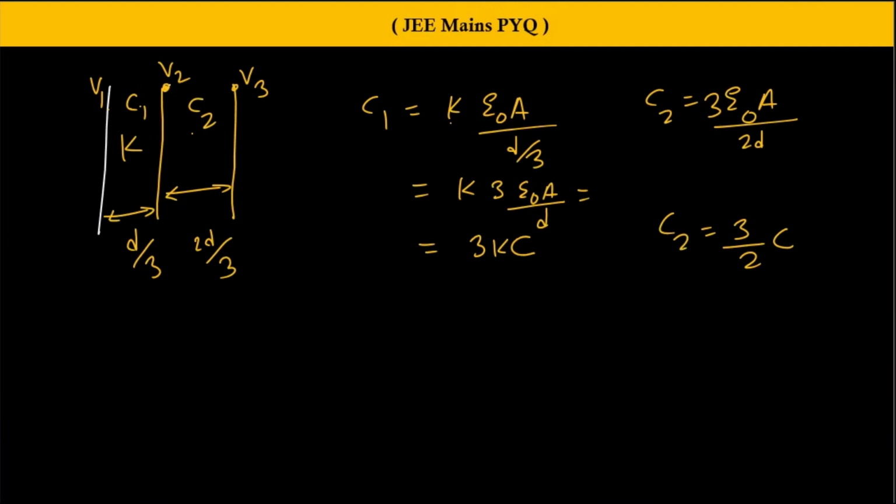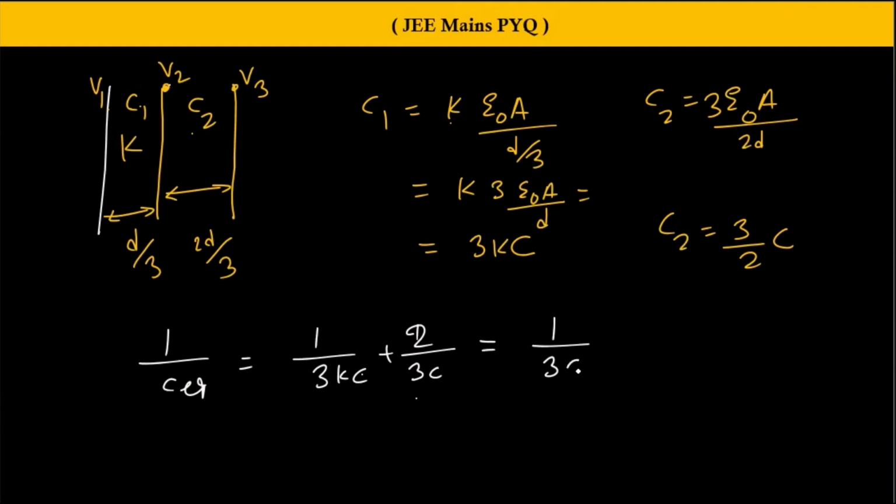This is this one. Now they're in series. So you will add them like in what? Parallel. Then these are capacitors. So 1 by C equivalent will become how much? 1 by 3 Kc plus how much this is? 3 by 2C. Okay, so 3C by 2. Now this will become how much?